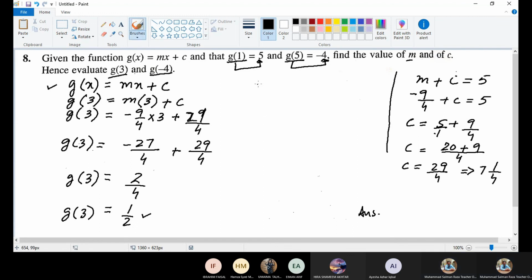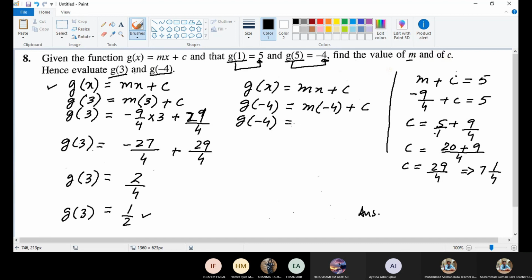Now the function is the same. G of x is equal to mx plus c, and over here g of minus 4 is m of minus 4 plus c. The value of m was minus 9 over 4 into minus 4, and the value of c is 29 over 4.